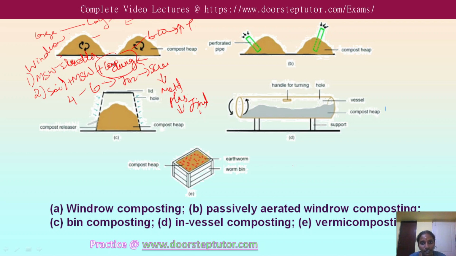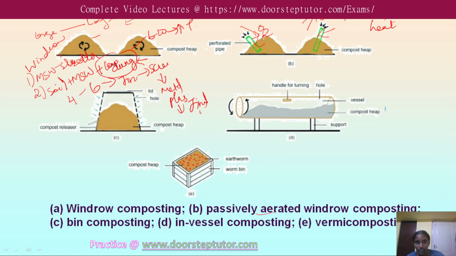The next type is passively aerated windrow composting. This is similar to windrow composting. Here one additional perforated pipe is incorporated into the heap of organic waste. This perforated pipe is mainly used to supply oxygen and also remove any gases generated while decomposing the organic residues, as well as excess moisture and heat from the heap.